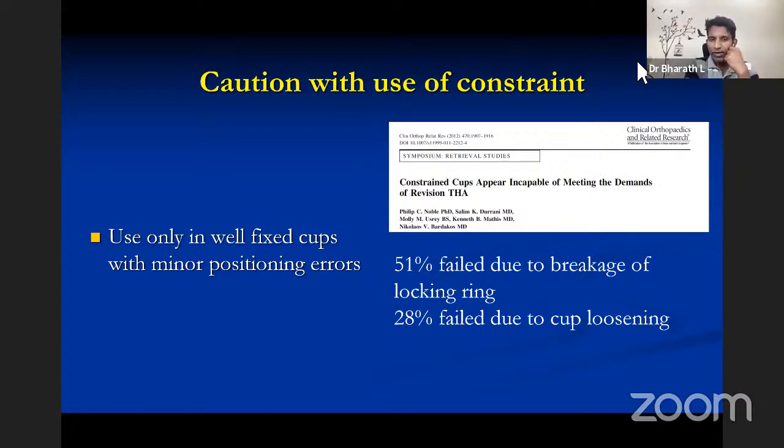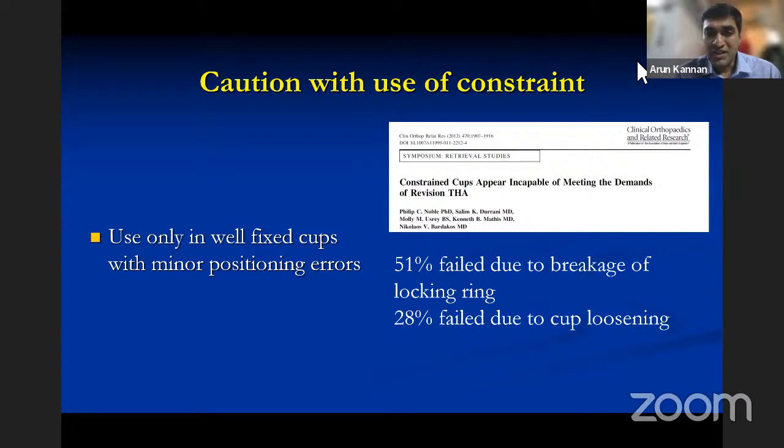When you have a complete abductor deficiency, would you prefer a dual mobility or go for a constraint liner? In neuromuscular conditions, or when your abductor is gone? For neuromuscular conditions, I think dual mobility has been shown to have a good result as well.